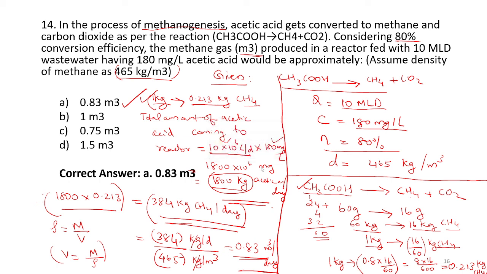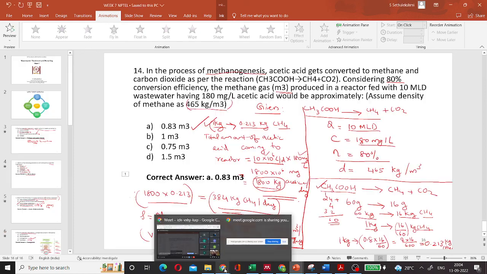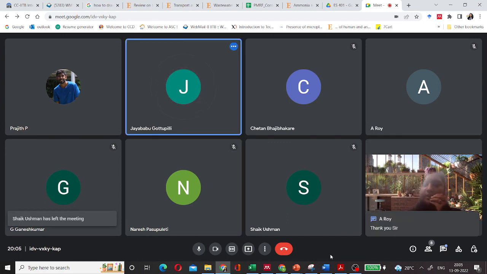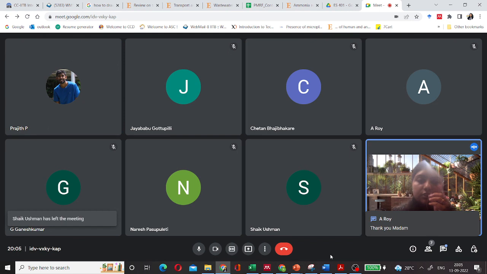Before that, in the last class, some of you asked about the MLVSS and sludge volume index. I was the one who asked actually. Okay. I have to tell you that between the sludge volume index and MLSS or MLVSS, whatever it is, there is no such relation.